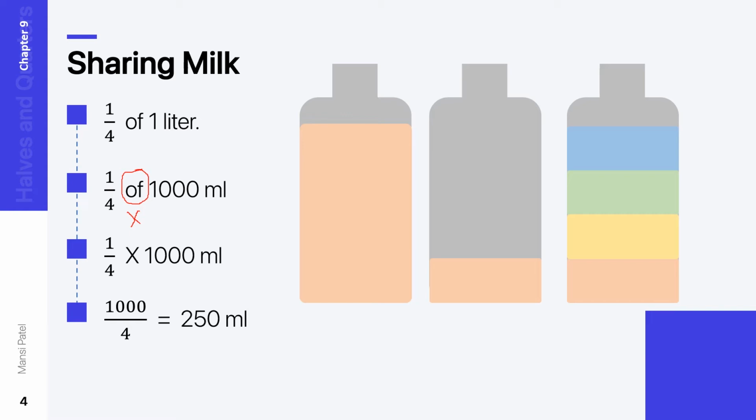The quantity of this shaded portion is 250. The second one is also 250. The third one is also 250. And the fourth one is also 250 milliliter. When you add all these 250 milliliter, it becomes 1 liter.